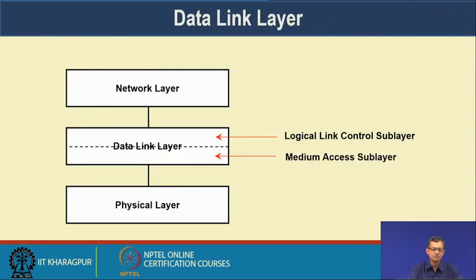Just to show you pictorially, there is the network layer, then the LLC sublayer and the MAC sublayer, and then the physical layer. They take care of the connectivity with the upper layer and the layer at the bottom. Again, just to repeat, we have two applications which may be running on different systems or the same system.